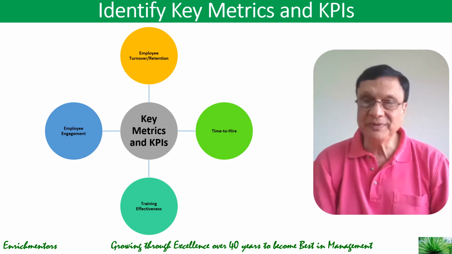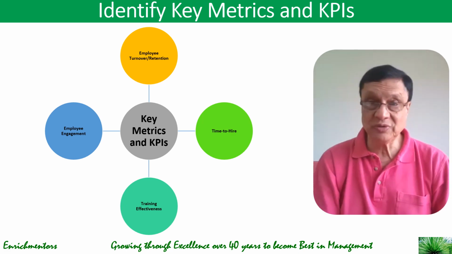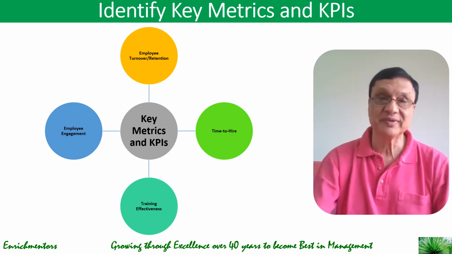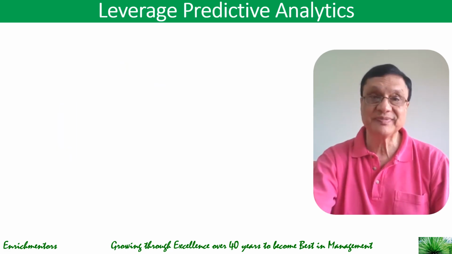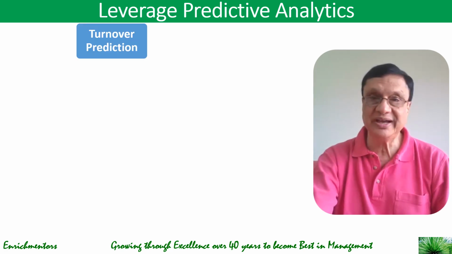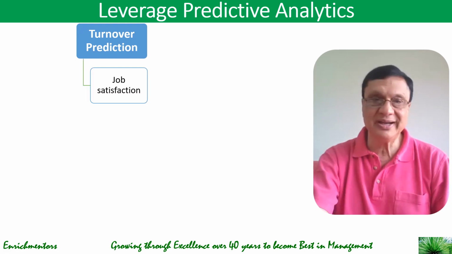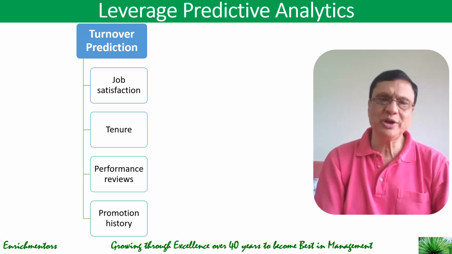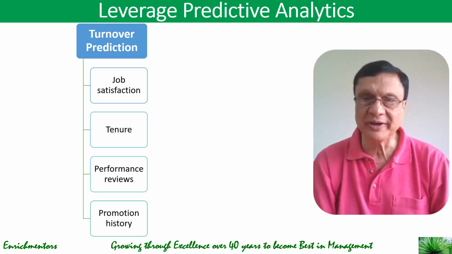For example, a company looking to reduce turnover might focus on voluntary turnover rate, engagement scores, and exit interview feedback to identify the root cause of attrition and then accordingly take actions. Leverage predictive analytics: use predictive models like turnover prediction to identify which employees are at risk of leaving based on historical data like job satisfaction, tenure, performance reviews, or promotion history, or anything else that is important in your modeling.